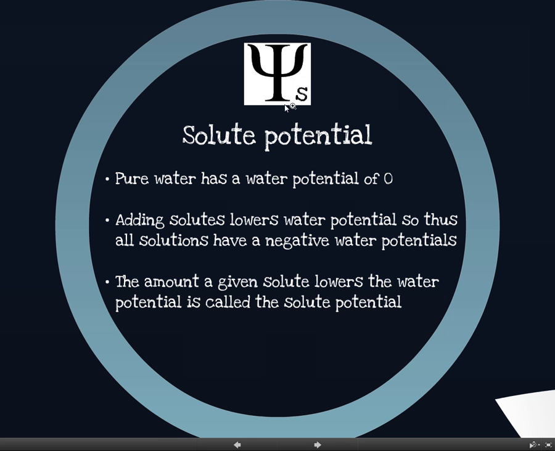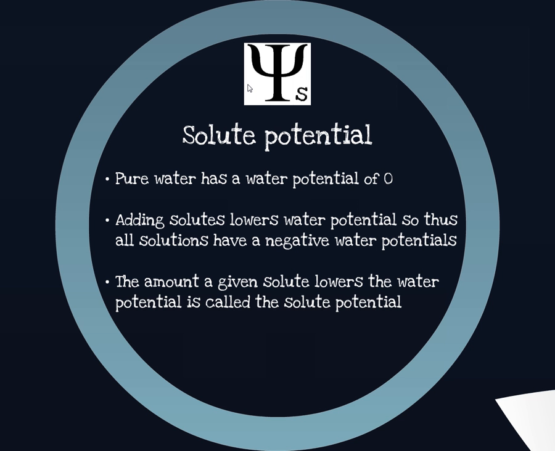Adding solutes to the water makes the water less pure. It reduces the water potential, makes the number more negative. If we ignore plant cells at the moment, because the cell wall and turgor pressure come into play, and we'll look at that a little bit later, but if we look at a regular cell, basically solute potential and water potential are the same thing.